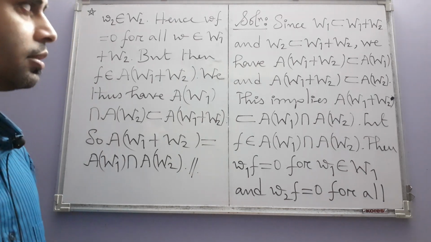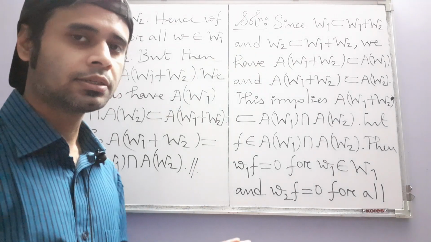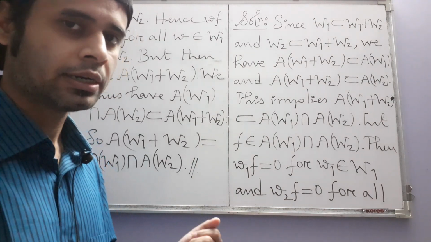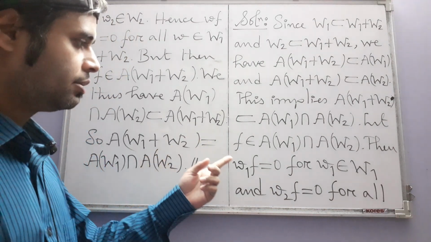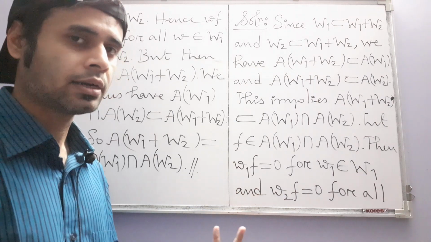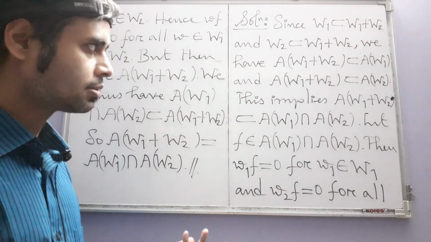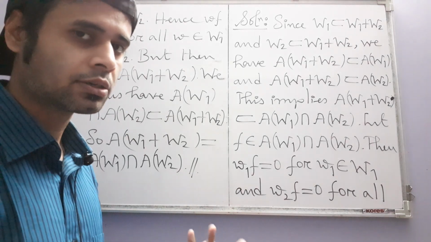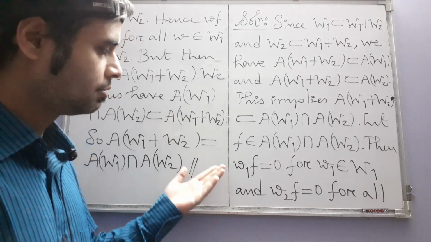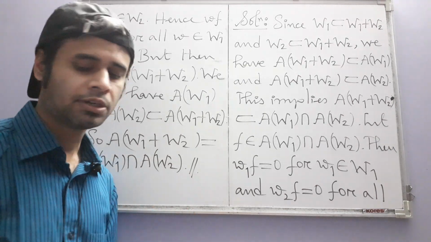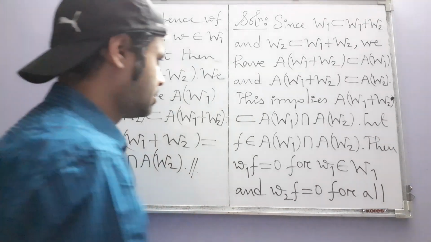And note carefully that although in the exercise it's given that the actual vector space is finite dimensional, we did not need that hypothesis anywhere. In fact, from the solution we can see that even if our vector space is infinite dimensional, still we have this fact. But it's given, so it's just there.